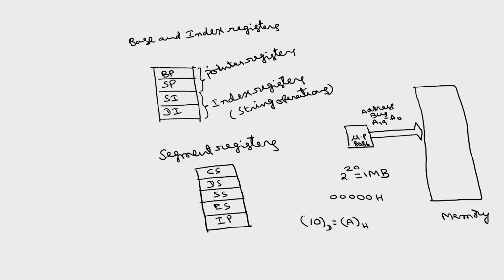This D stands for decimal, this is hexadecimal, and 11 is B, 12 is C, 13 is D, 14 is E, and 15 is F.